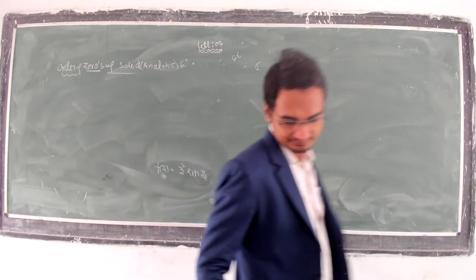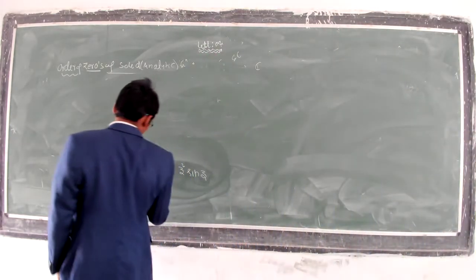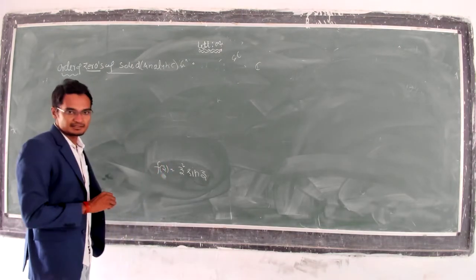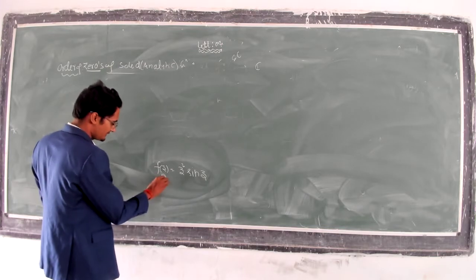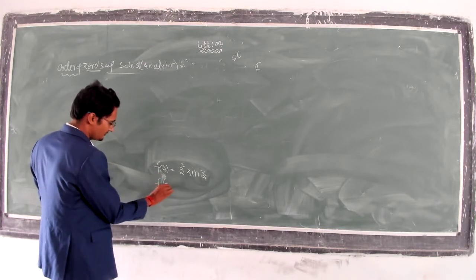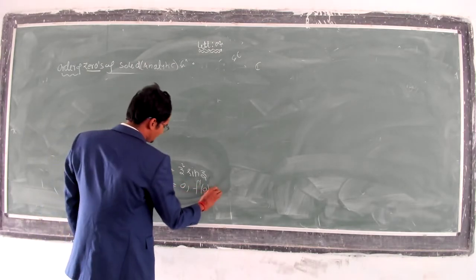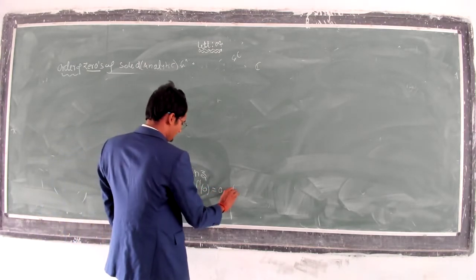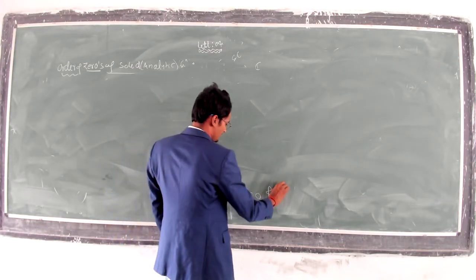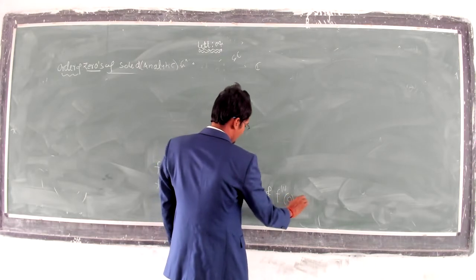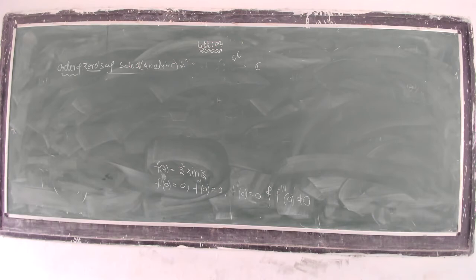Differentiate, it will become 0. So anyway, we have a function, if you remember, f0 will be 0, f dash 0 will be 0, f double dash 0 and f triple dash 0 will not be 0.